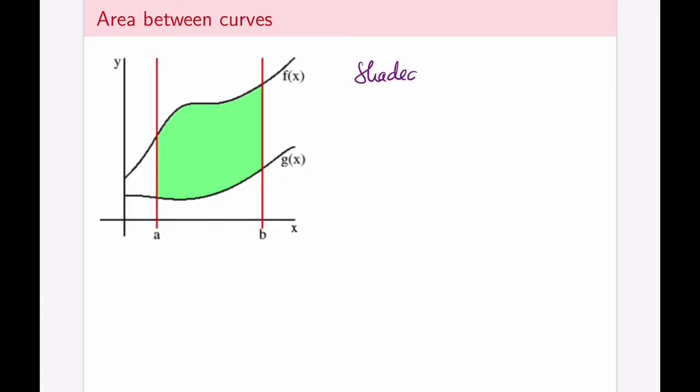So the shaded area here is going to be the area, and therefore the definite integral between a and b of the function f of x minus the area bounded by the function g of x and the x-axis.